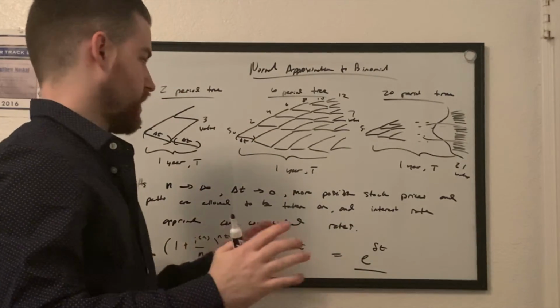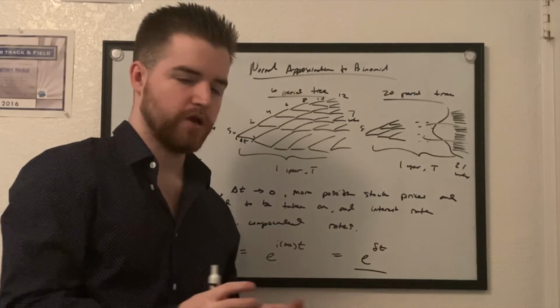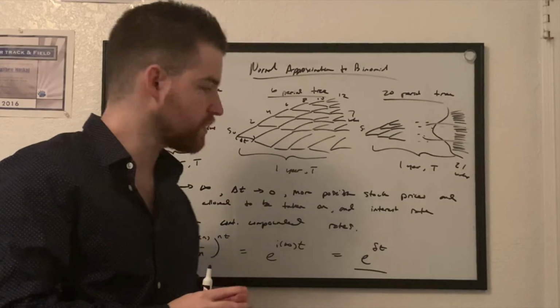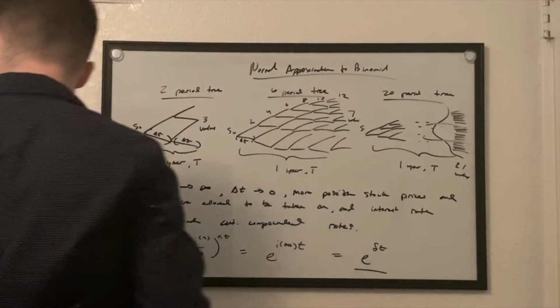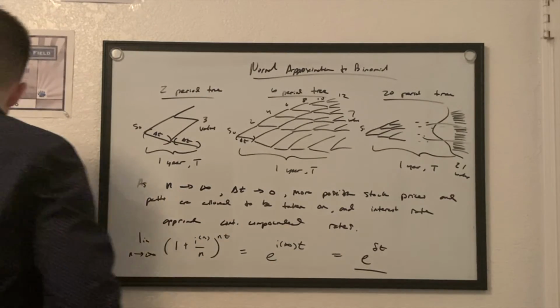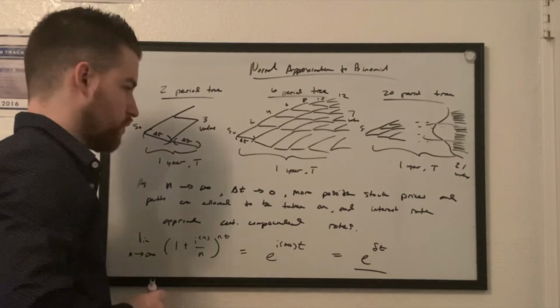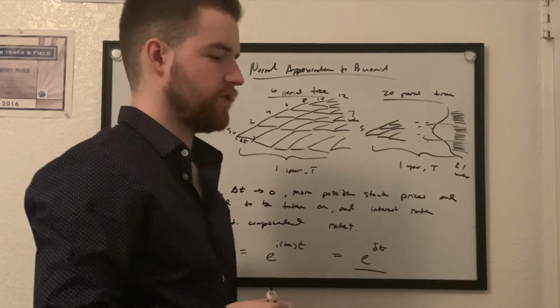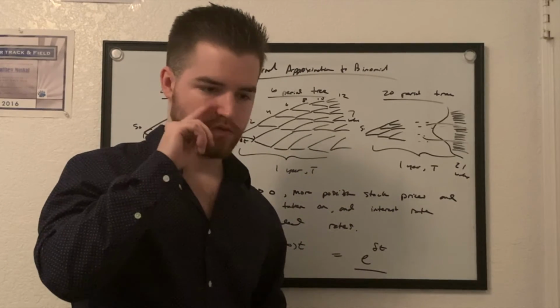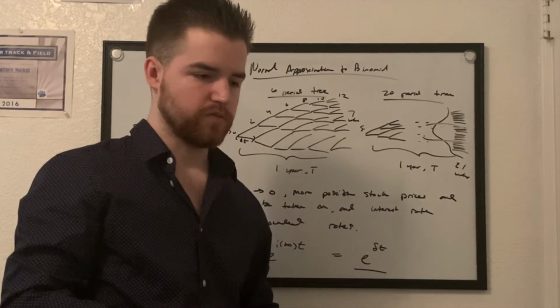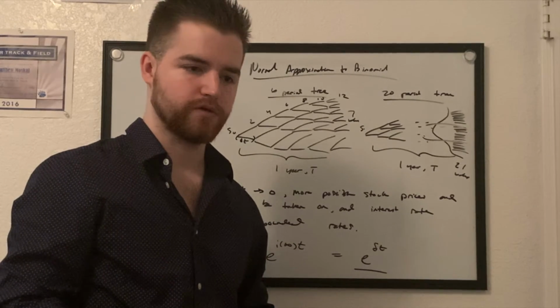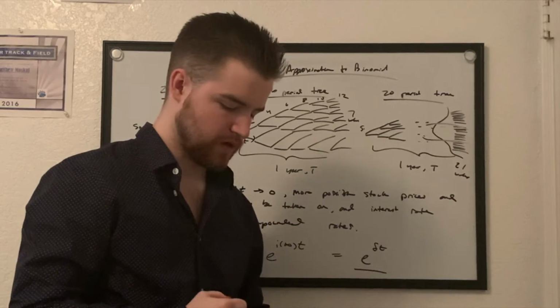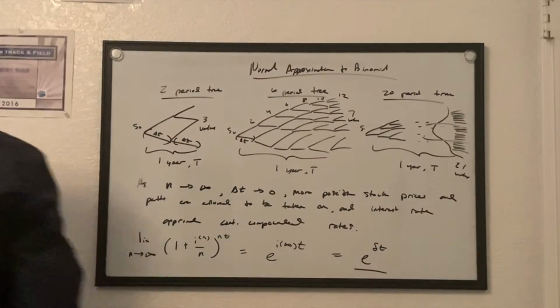Our change in time shrinks between compounding, and thus our interest rates approach the continuously compounded rates. But one of the problems, though, and the reason we don't simply use the normal distribution, is because the normal distribution allows for negative values, and I'll do a visual of that.